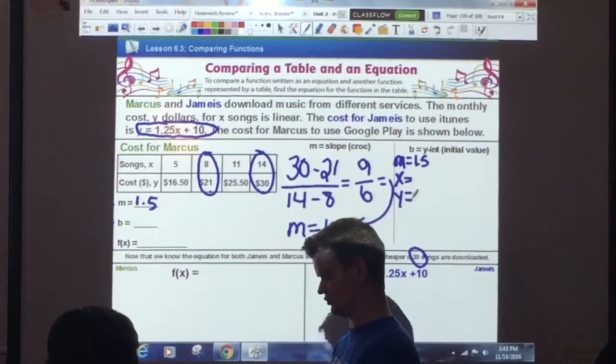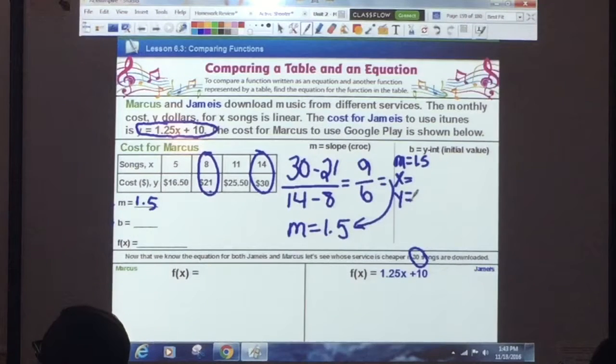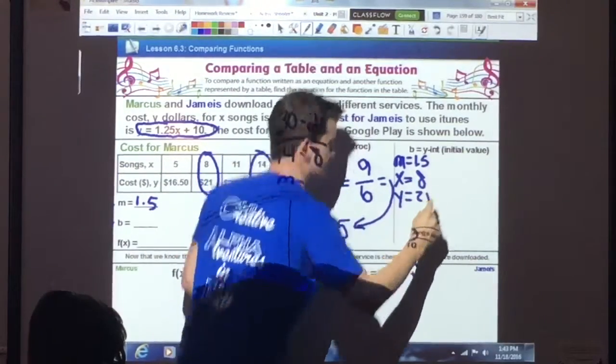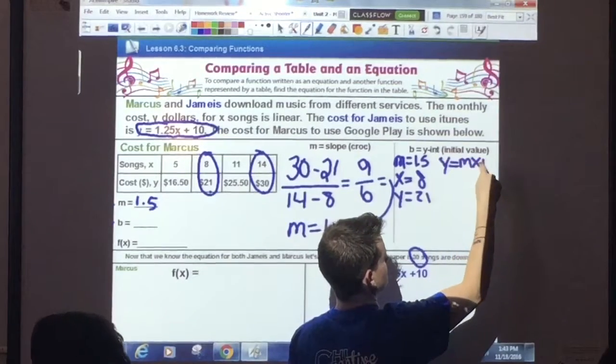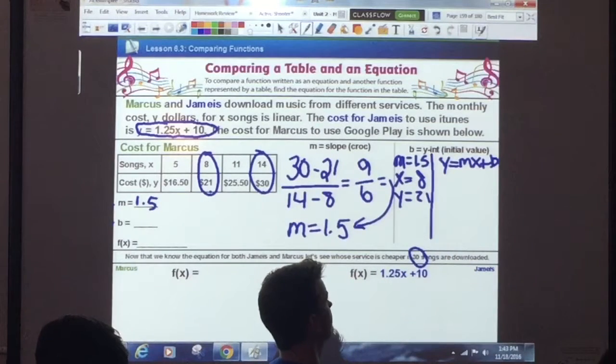So let's go to Sophie Perez. Sophie, which coordinate pair do you want to use, kiddo? 8, 21, which means that 8 is my x, my y is 21, so I'll write this equation. y equals mx plus b, and I start substituting in values. Sophie, what's my y?